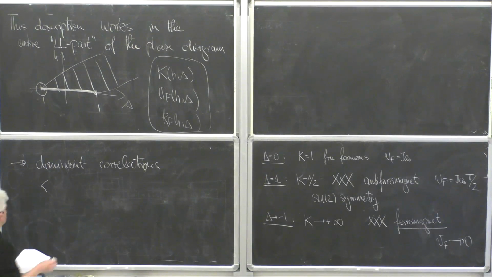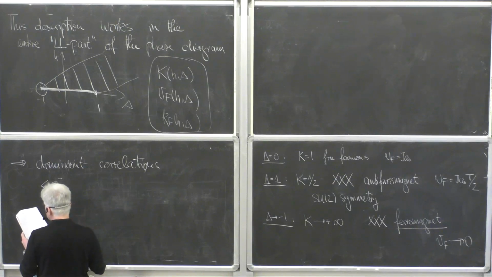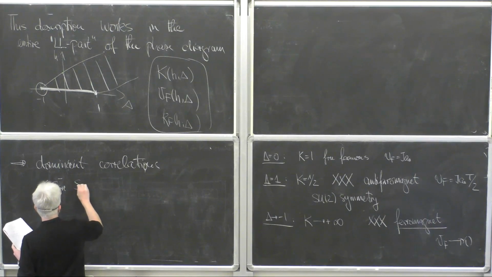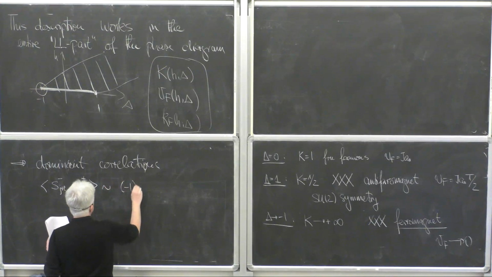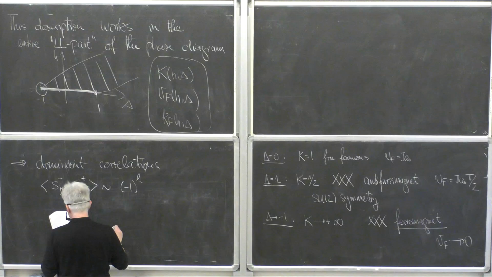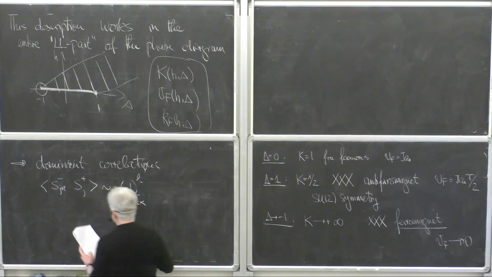So the dominant correlations are between the transverse components, S minus S plus, or SxSx, SySy. And they are antiferromagnetic because they have this minus 1 to the L, and here we have L to the power 1 divided by 2K.